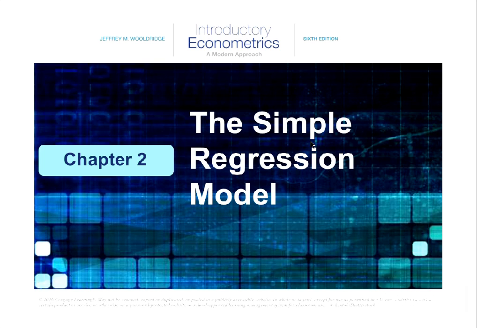So after this part, I may focus more on the practical part of econometrics, how to implement the econometric analysis in especially different softwares. But today we'll learn a little bit theory.